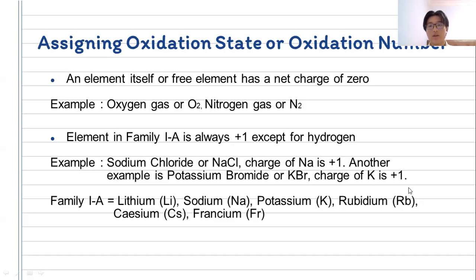The charge of K is also always +1. There are other elements too in family 1A, for example, lithium, sodium, potassium, rubidium, cesium, and francium. So all of these elements are +1.